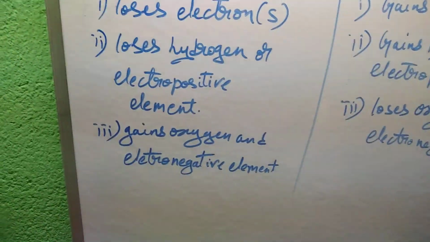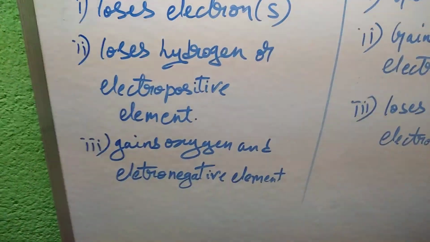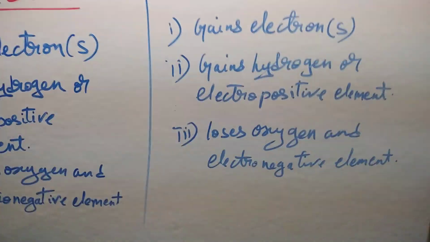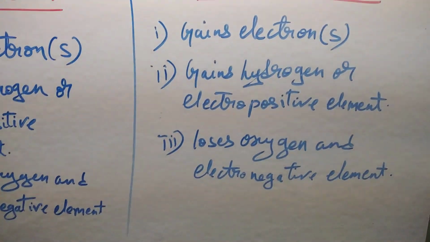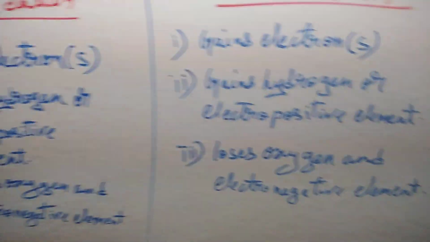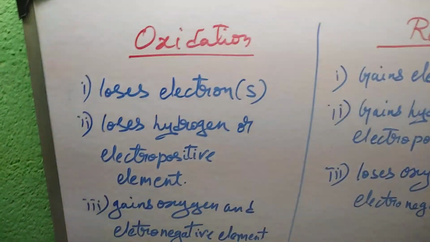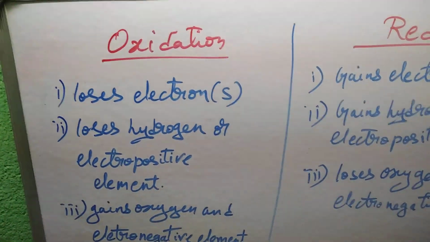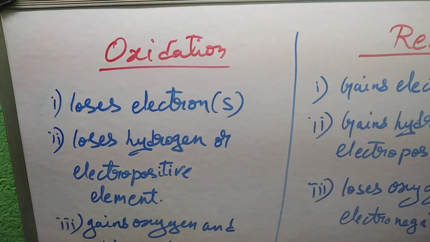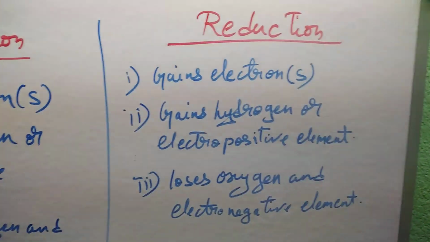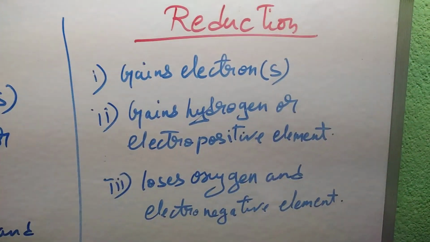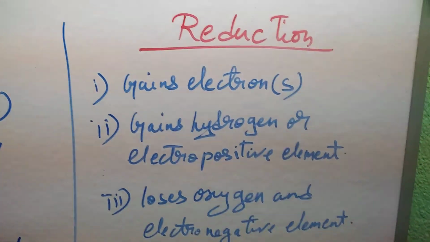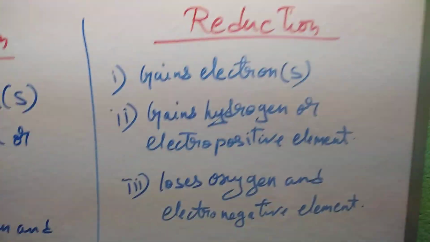For oxidation, it will gain oxygen and electronegative element, and for reduction, it loses oxygen and electronegative element. Basically, oxidation is the element which loses electrons in a reaction, and reduction is the element which gains electrons in the reaction.